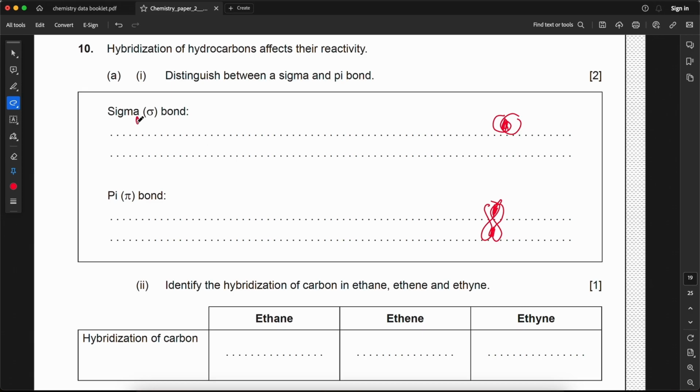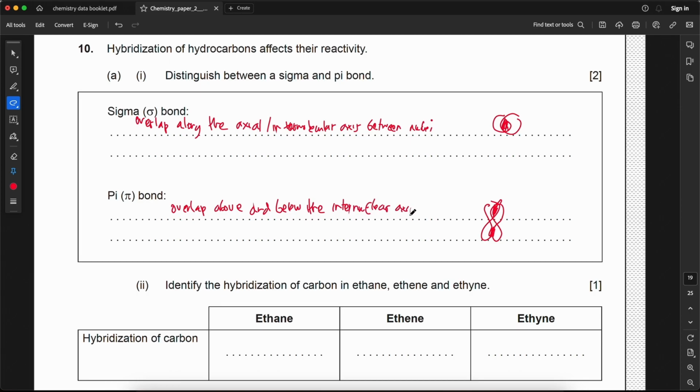So a sigma bond is overlap along the axial or internuclear axis between nuclei, and a pi bond is overlap above and below the internuclear axis, or sideways overlap.